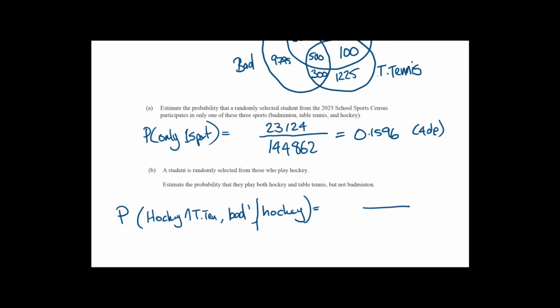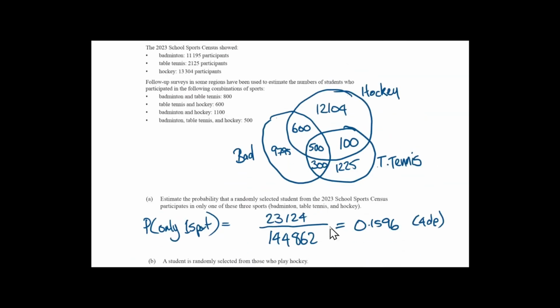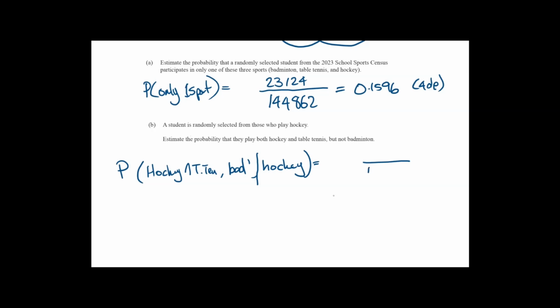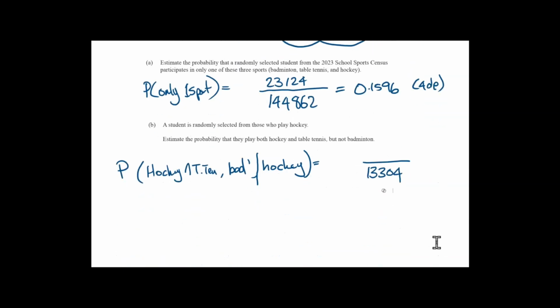So it's out of the players who play hockey. How many play hockey? 13304. Now, how many meet that criteria? Hockey and table tennis, but not badminton. So 100. That's interesting. Yep, okay. Makes sense.